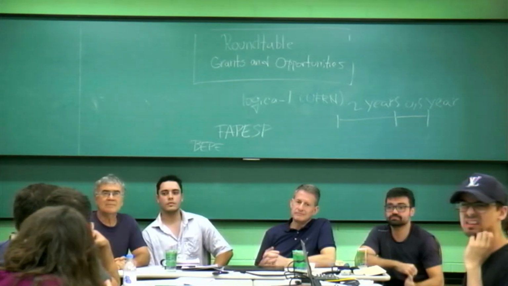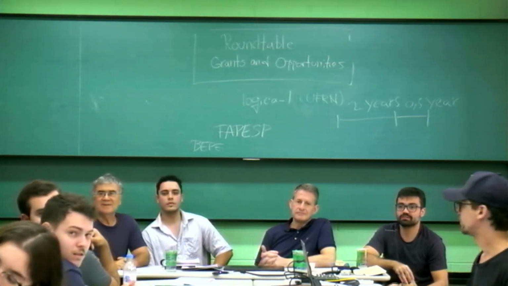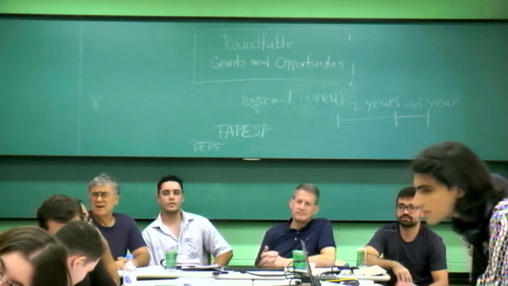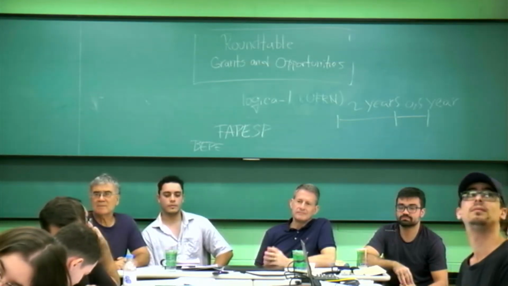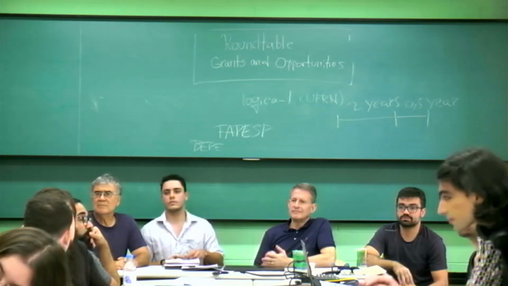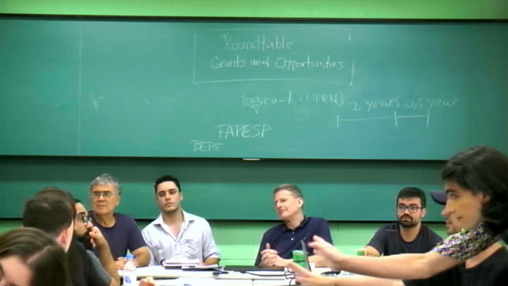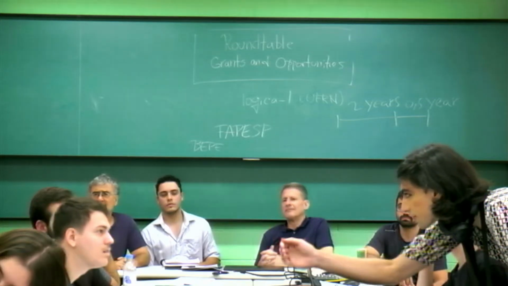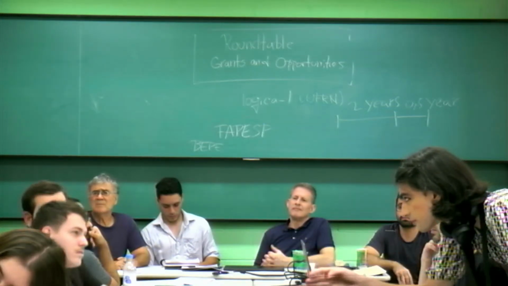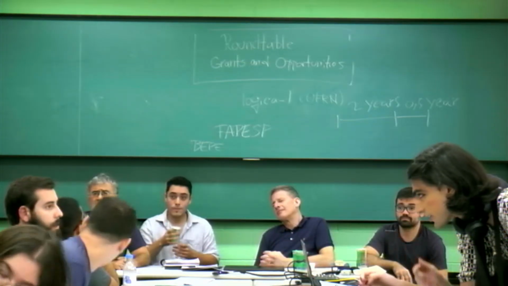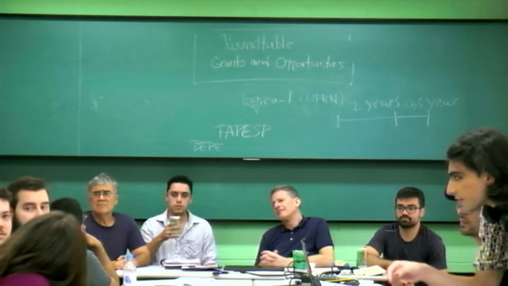I have a question about it. Doesn't the master's lose its importance, its relevance? Why are the PhD admissions not very accessible to people who have only an undergraduate degree? Because they are.